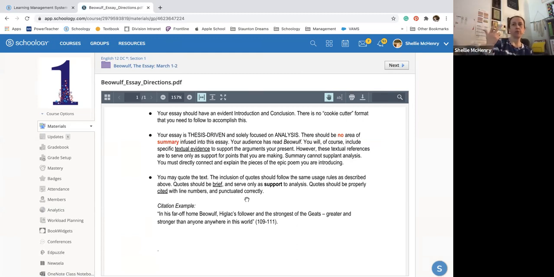So like, for example, if you were going to work with the motivation of Beowulf, it would be a stronger essay to write, the ways in which glorification and honor motivated him versus the way in which material wealth motivated him versus the way in which other people in the story, whether Wiglaf or Hrothgar, motivated him.